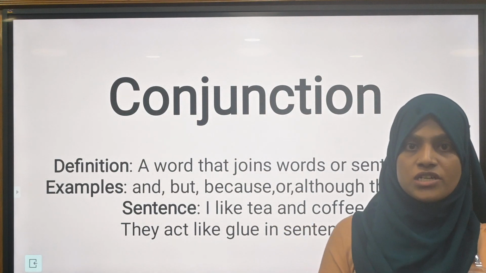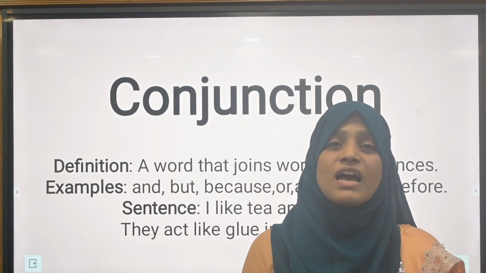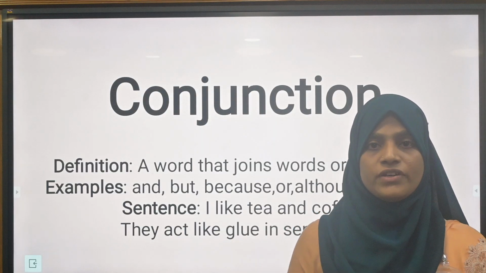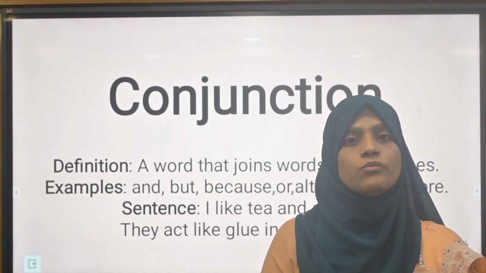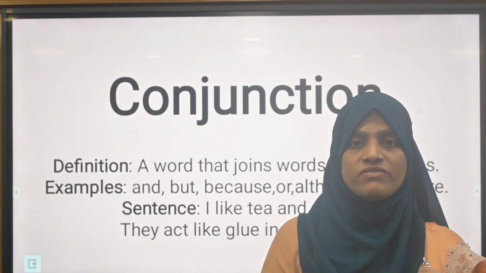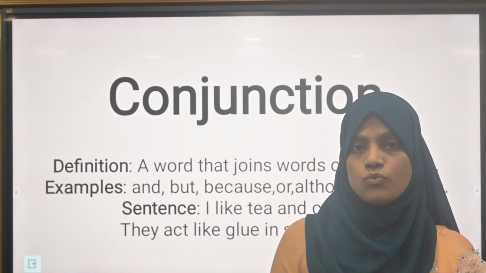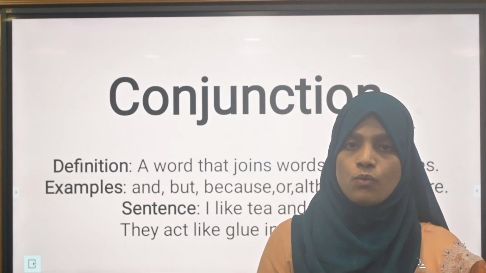We use a conjunction to join different words into one. We'll say I love coffee and tea. Here coffee and tea are different words, isn't it? Which word helps to join both words? That is definitely "and". Like that, and, because, but. These words help join two different things into one.